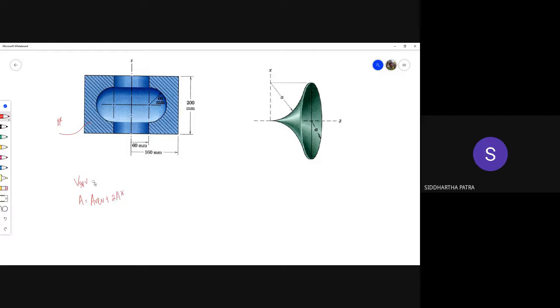Then the volume of revolution is pi times y bar times A star, right?